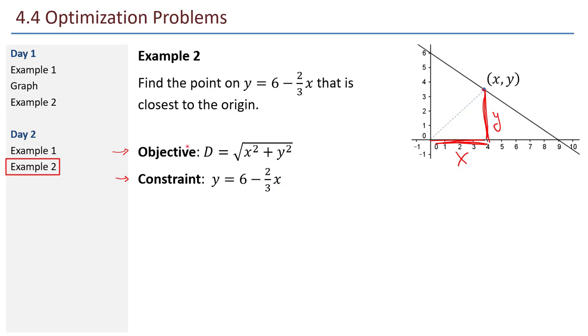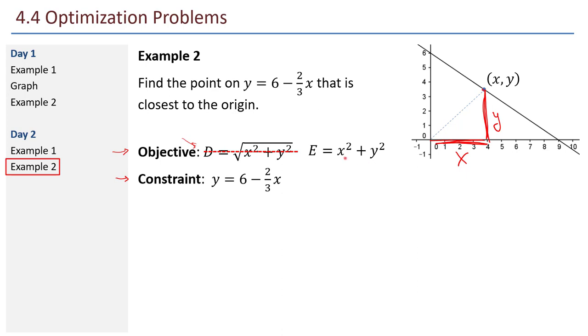Now, I'm going to do something I haven't done before in any of these problems. I'm actually going to change the objective function a little bit. Because for the objective function, once I substitute, I'll have to take a derivative. And this looks like it could be kind of a messy derivative. So here's a trick, and it really is just a trick. Instead of using the square root of x squared plus y squared, when you have distance problems, it's often nice just to use x squared plus y squared.